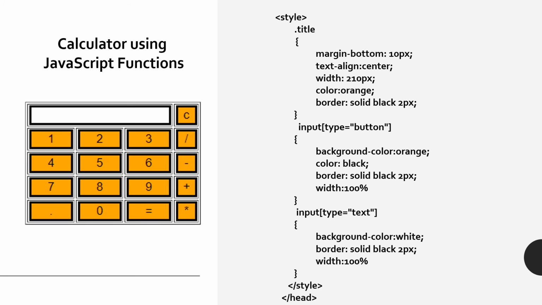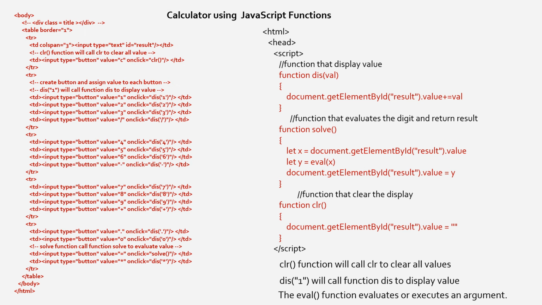This is for styles: background, border and so on. The styles are mentioned here, and according to your convenience you can change the styles and colors, that is up to you. This is what I have used here. Now the other program, I'll explain the entire program.